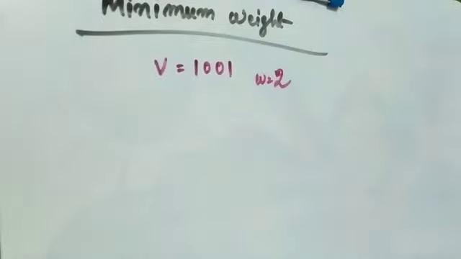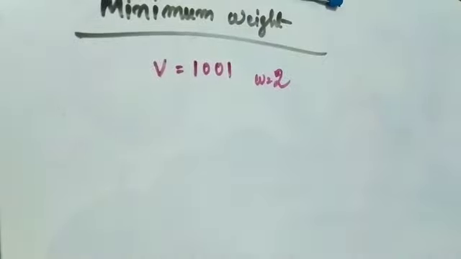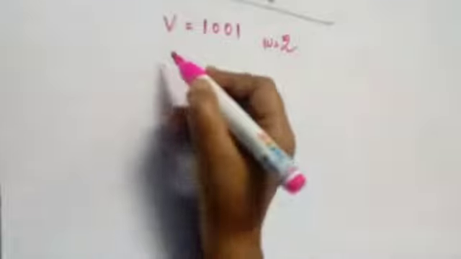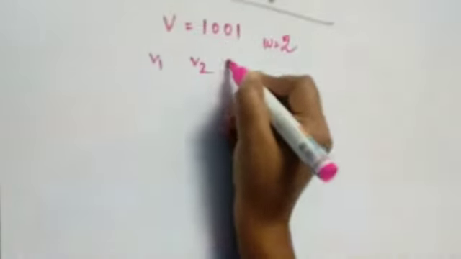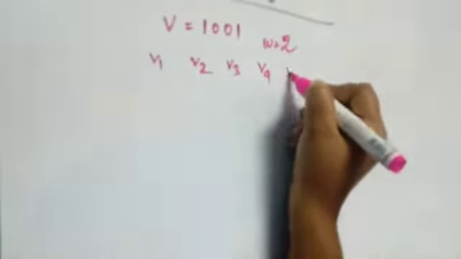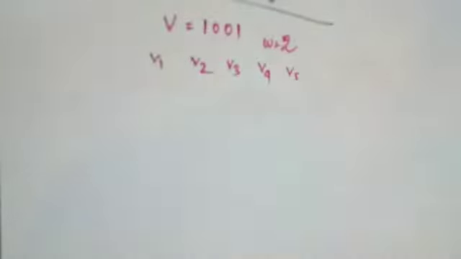Likewise, we can calculate the weight of all code words in a linear block code or any block code, and among them the minimum one is considered the minimum weight of that code, similar to minimum distance. Suppose V1, V2, V3, V4 and V5 are the 5 code words present in a block code.